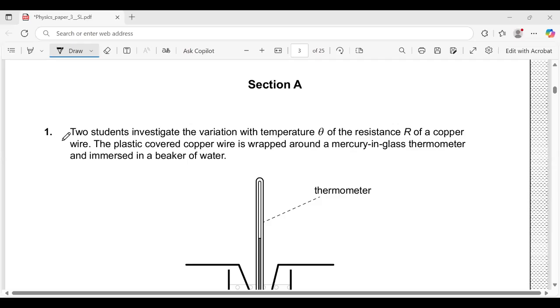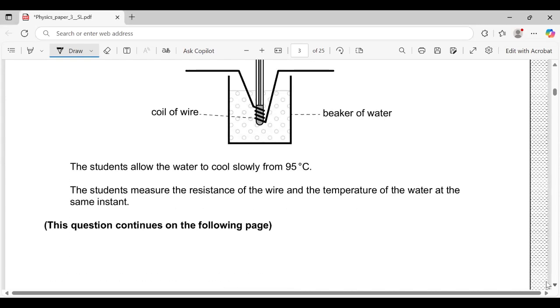Number one, the students investigate the variations with temperature theta of the resistance R of a copper wire. The plastic covered copper wire is wrapped around a mercury-in-glass thermometer and immersed in a beaker of water. This is a diagram.